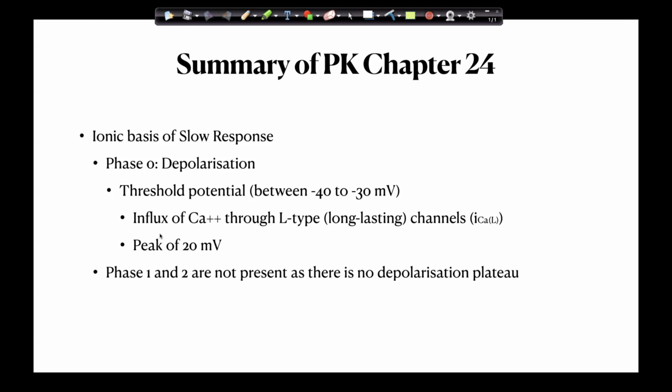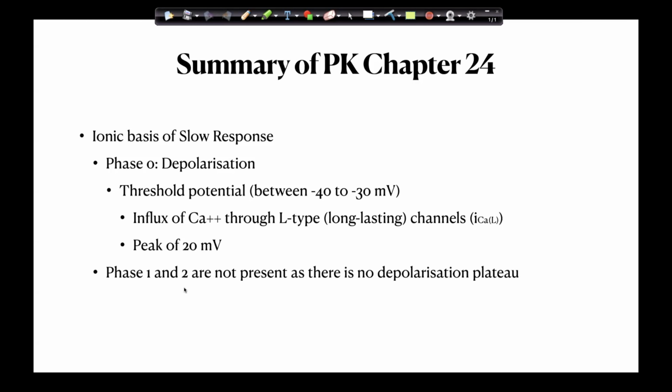I want to acknowledge that you'll see other diagrams in other textbooks or on the internet where it won't reach 20 millivolts but about 10 millivolts. But for the ease of this exam, we'll just say that 20 millivolts is where the peak occurs.